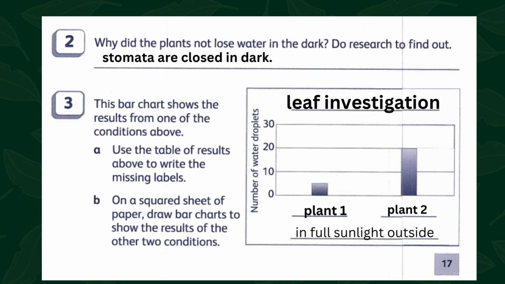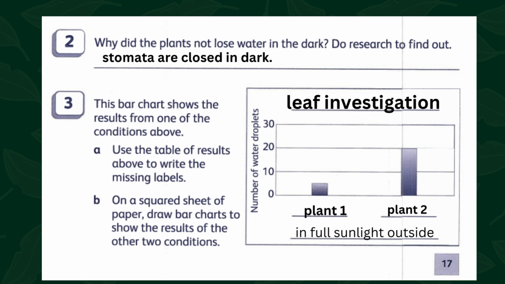Number 3, this bar chart shows the results from one of the conditions above. There are three conditions, and this bar chart shows one condition, and you have to label that condition. Use the table of results above to write the missing labels. And B, on a square sheet of paper, draw a bar chart to show the results of the other two conditions.